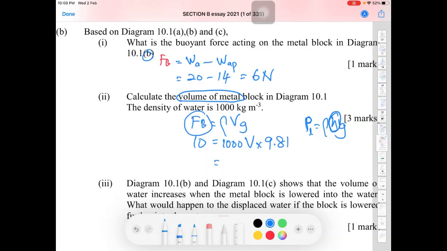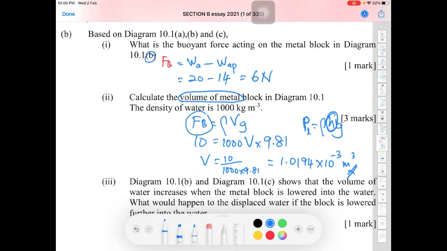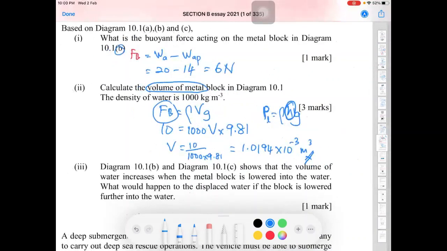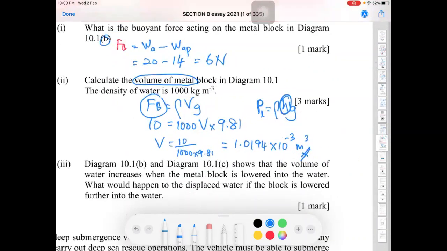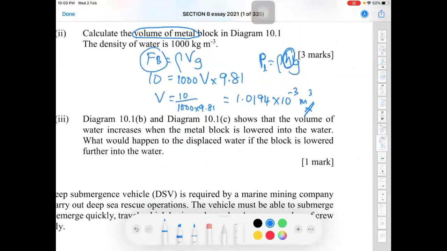So V equals 10 divided by 1000 times 9.81, and you will get 1.0194 times 10 power negative 3 meter cube. Don't forget your unit. Okay, so we are clear on how to find the volume using buoyant force.